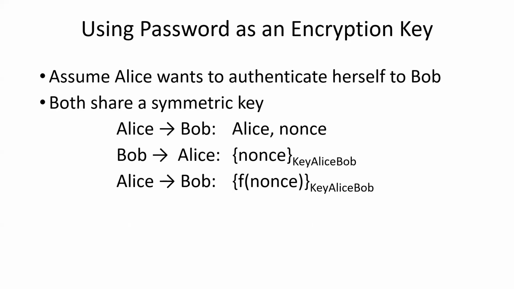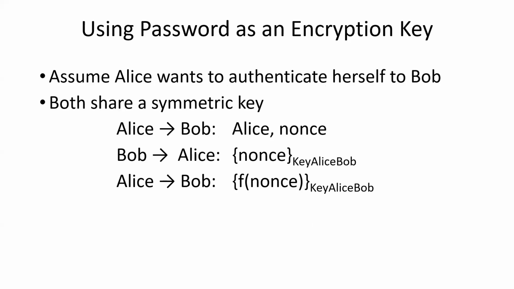Okay. We talked before about logging in with encryption. This is how it works. Alice wants to send a message to Bob, or Alice wants to log into server Bob. Alice sends a message to Bob, or the server, saying I'm Alice, and here's a random number that I just created. Bob will then send that random number back to Alice using the symmetric encryption key that both Alice and Bob know.